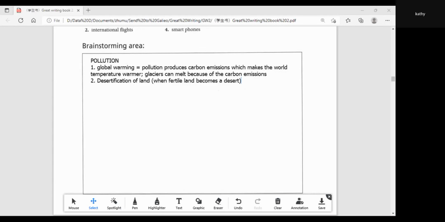I think because people cut down so many trees, and it will make the desertification of land. I agree. Cutting down trees will be bad for the soil. It really is bad for the land, but I still don't see the connection to pollution.